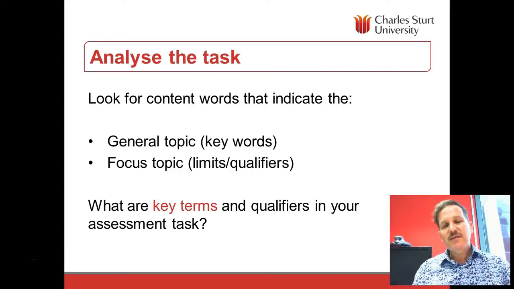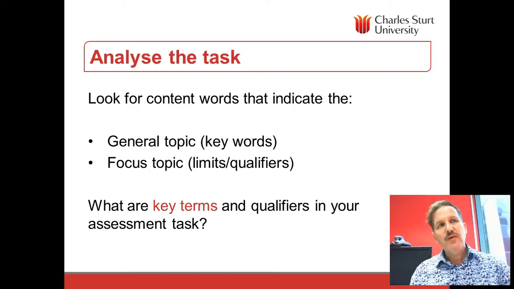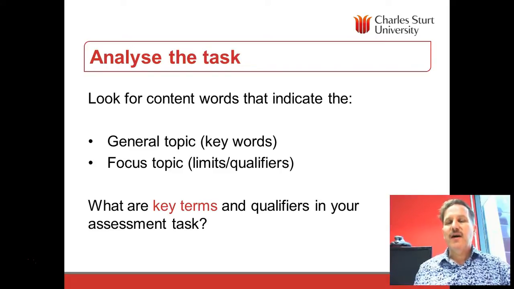As part of this, there are also focus topic words. These are the limits and qualifiers. Remember, we can't know everything. We can only know specific things. This is why you have focus words and limit words. So succinctly, look for the key terms and qualifiers in your assessment task.